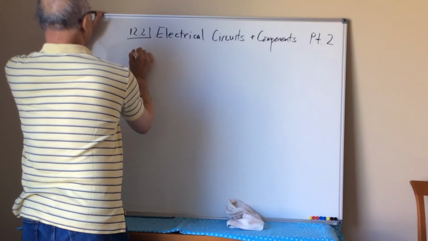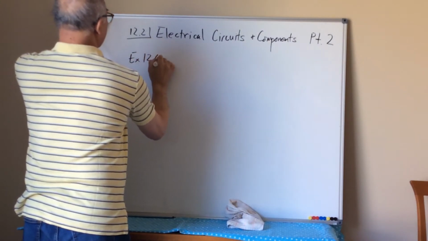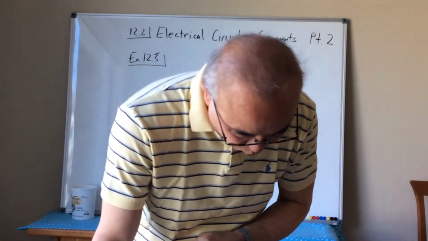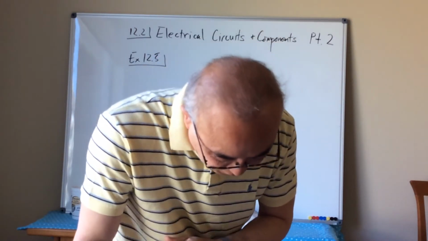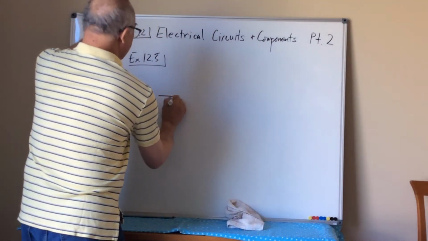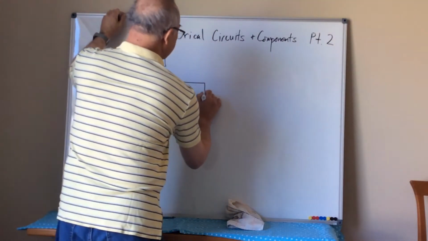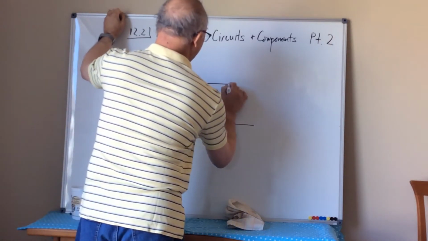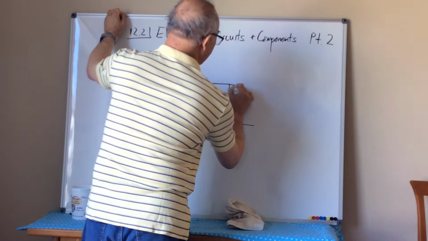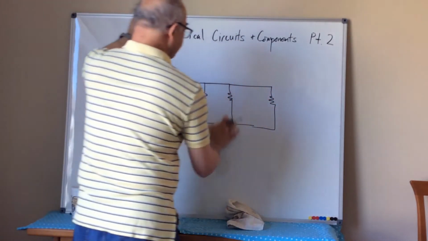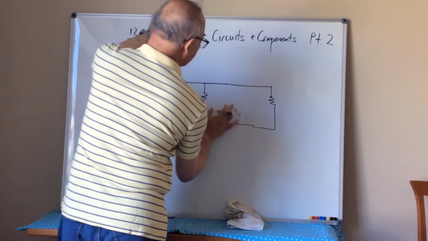So example 12.5, I have one 9-volt battery hooked up to 3 separate resistors. So I have a 9-volt battery hooked up to 3 resistors. Let's move this guy in the middle.